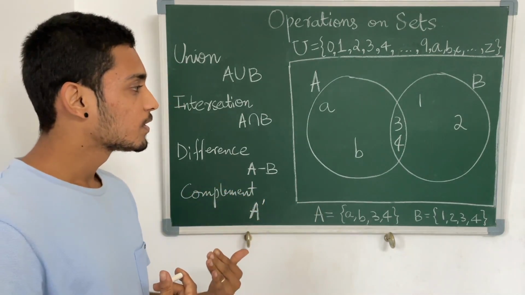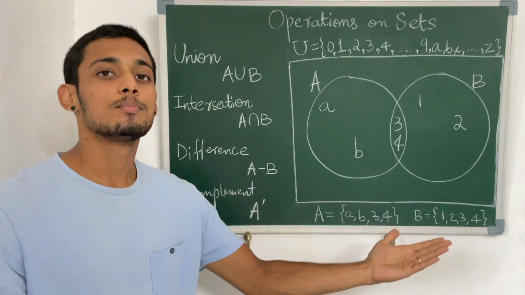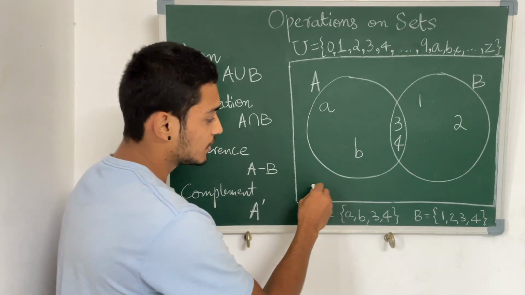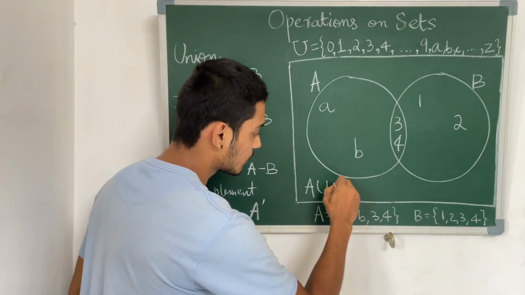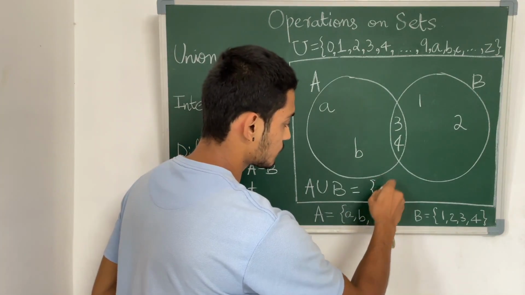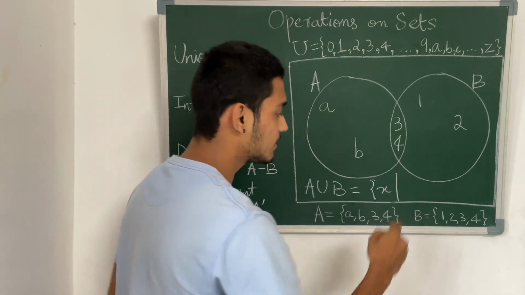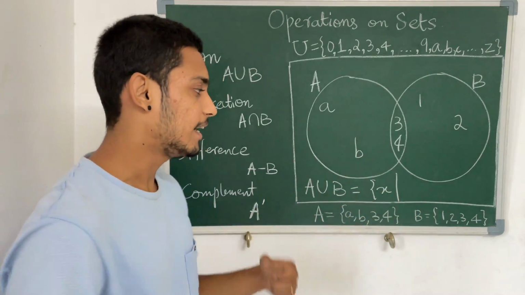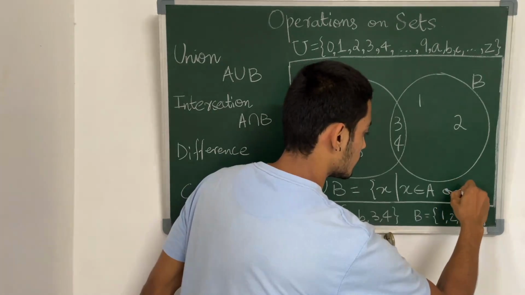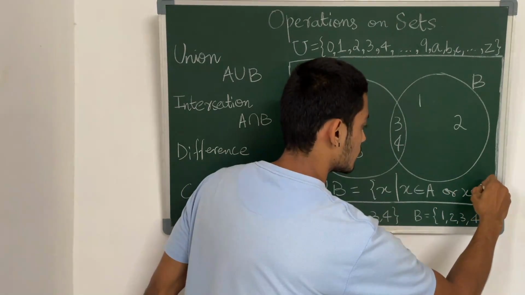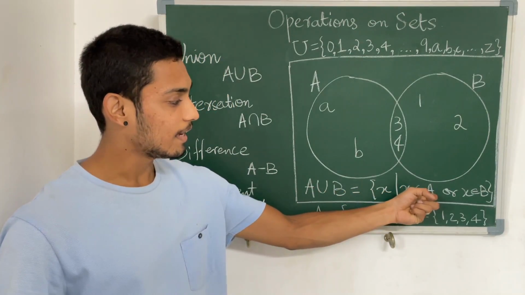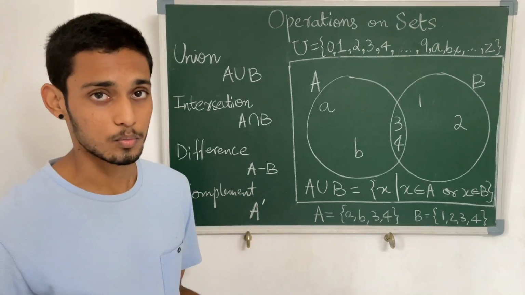Now, how can we represent it in a set builder form? So in a set builder form, suppose the given sets A and B were much more complicated, had more elements in it. How can we write it? Very simple. So we say that the set A union B is equal to all elements X such that X is in A or it is in B, or it could be in both as well.